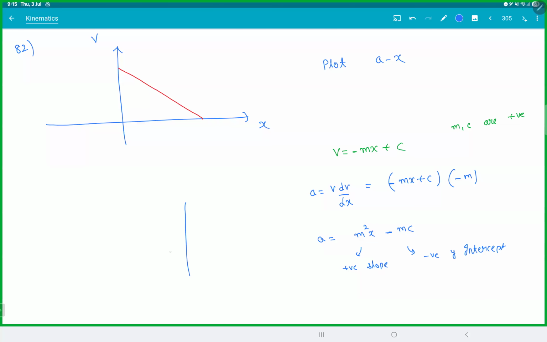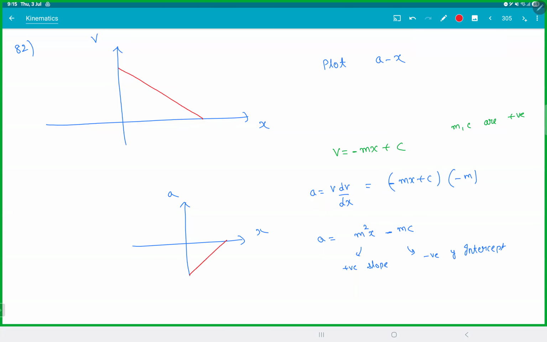So if you plot this as an Ax graph, I think it should be in the fourth quadrant, right? Why? Because x is positive on the right hand side, and you want a positive slope and a negative intercept. So the graph should look like this.